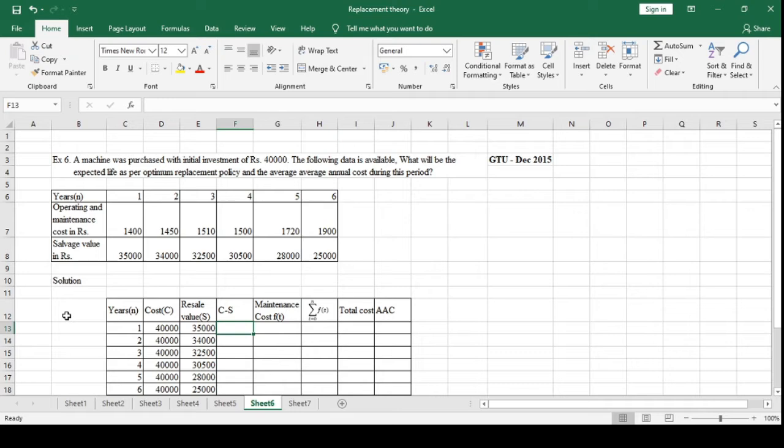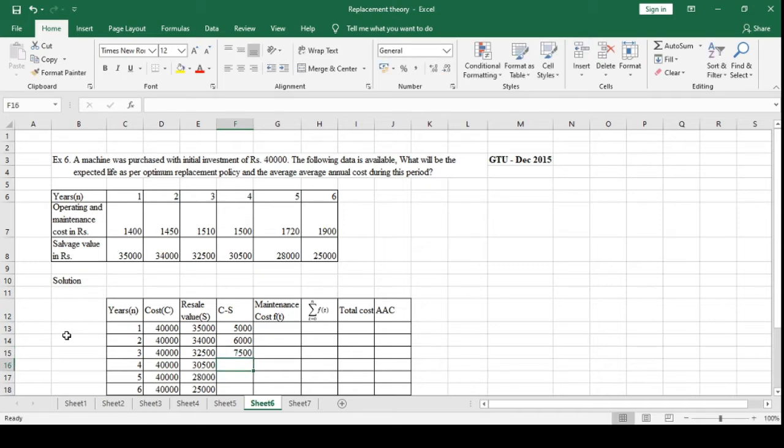Now the next column is C minus S, that is cost minus resale value: 40,000 minus 35,000, so your answer will be 5,000. Next is 40,000 minus 34,000, that is 6,000. For the third year, 40,000 minus 32,500 is 7,500.